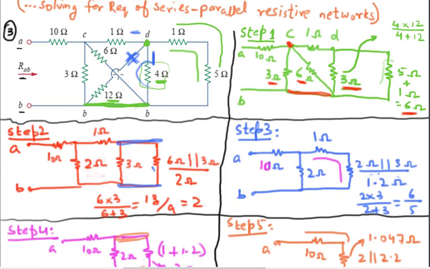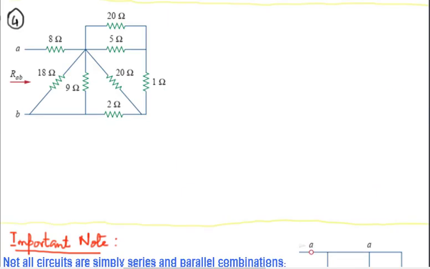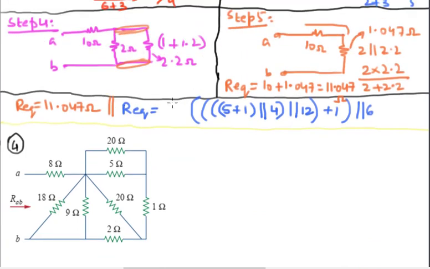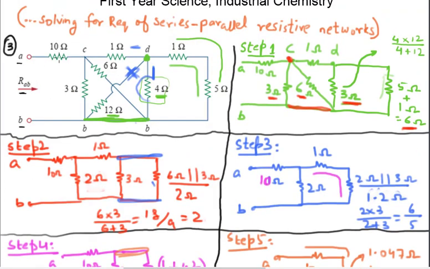Whatever the resultant that comes out of that resistor parallel to 6 ohm is now parallel to 3 ohms, because 6 ohms and 3 ohms are in parallel. So this whole thing is in parallel with the 3 ohm resistor. And finally, whatever the resistance comes out of this stage, it's going to be just a simple resistor over here, and that would be in series with 10 ohms.